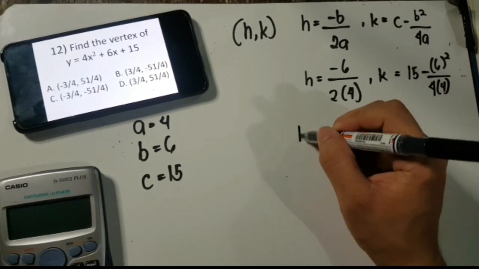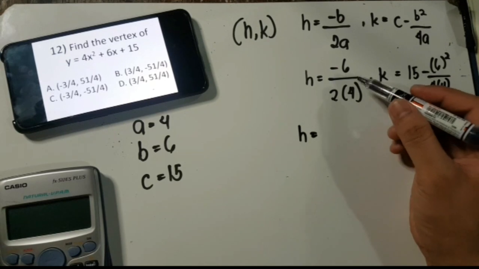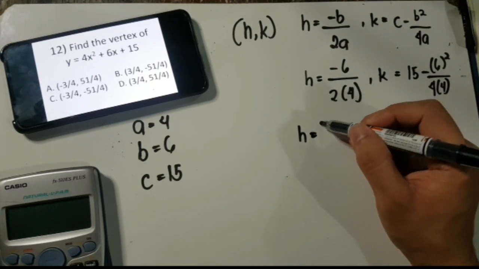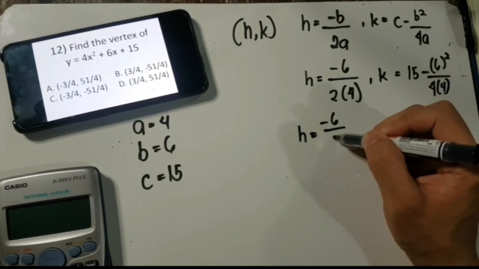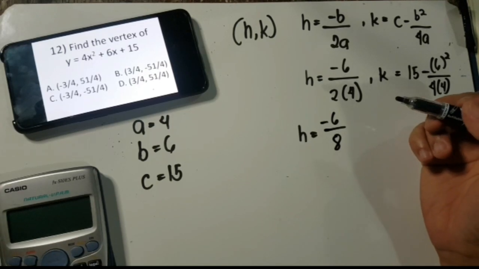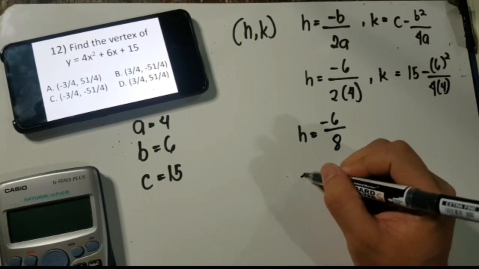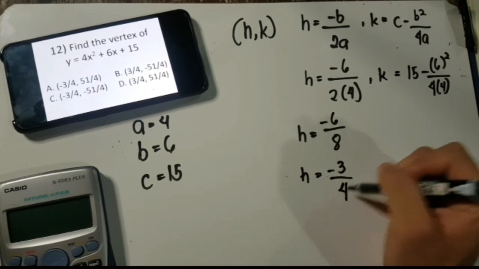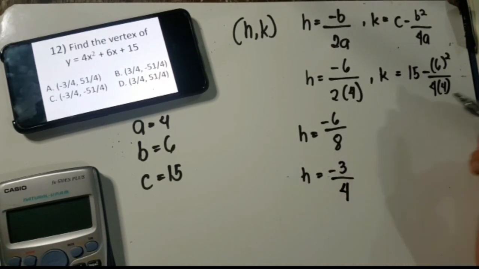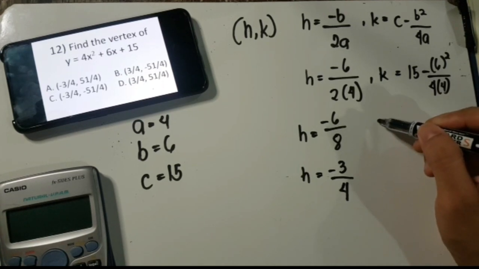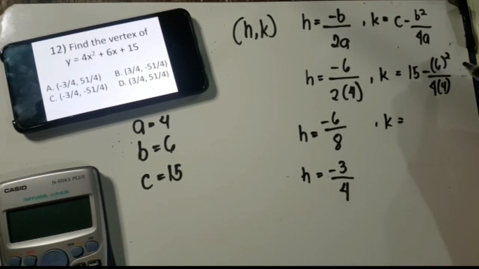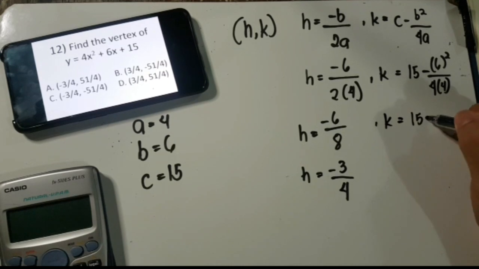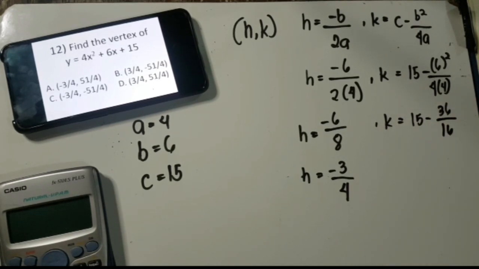So, let's solve for the value of h. So, negative 6. So, 2 times 4 is 8. Negative 6 over 8. So, that is negative 3/4. Next. So, for the value of k. So, k is equal to 6 squared is 36. 36 over 16. Okay?